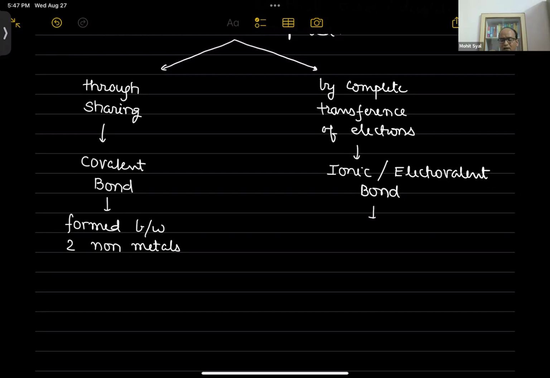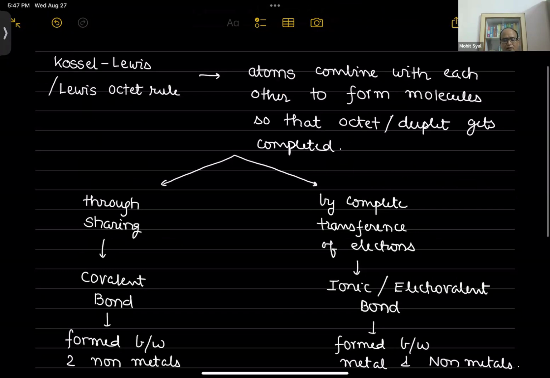And ionic bonds are formed between metals and non-metals. But the question is, before we proceed with the Lewis octet rule, now we have a lot of molecules.